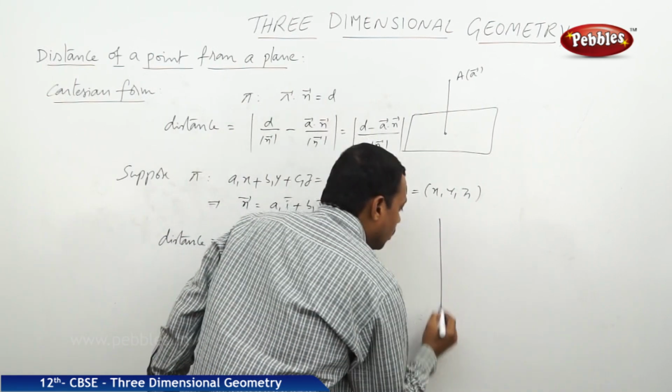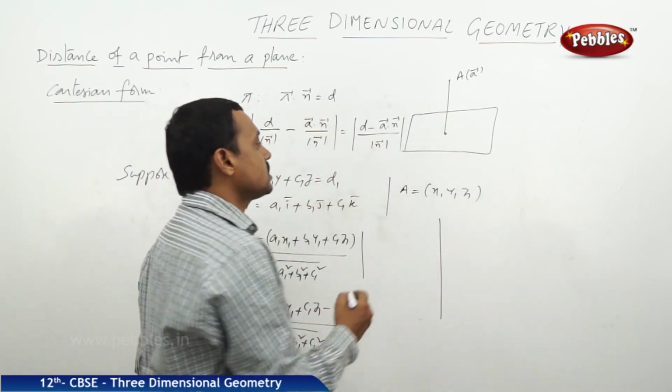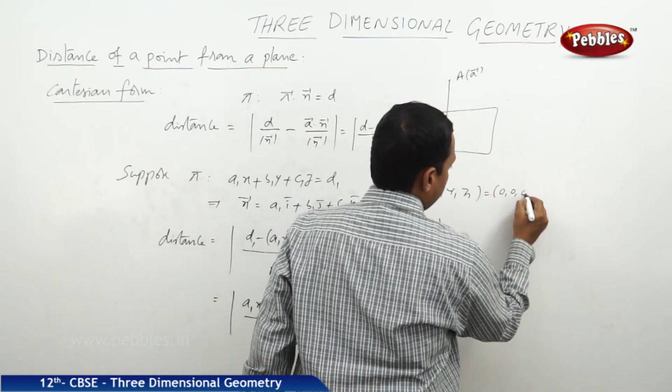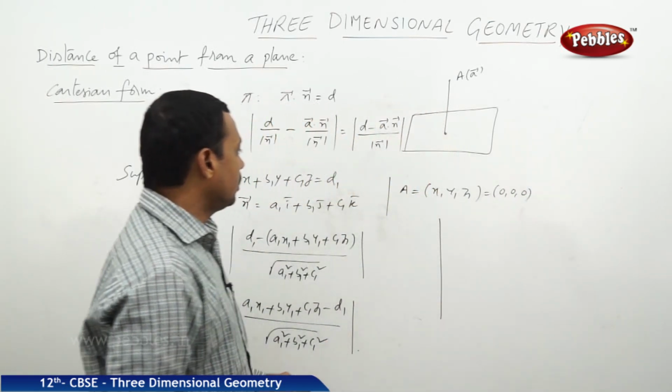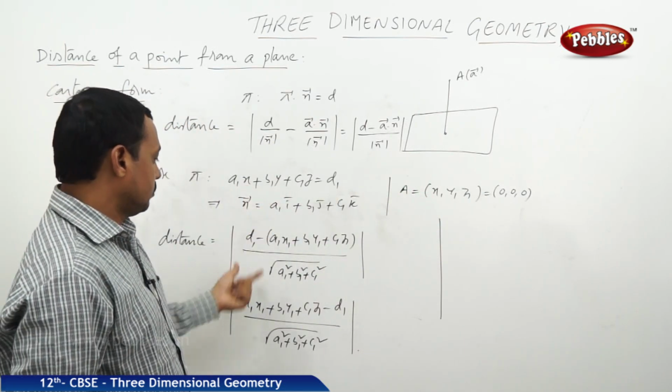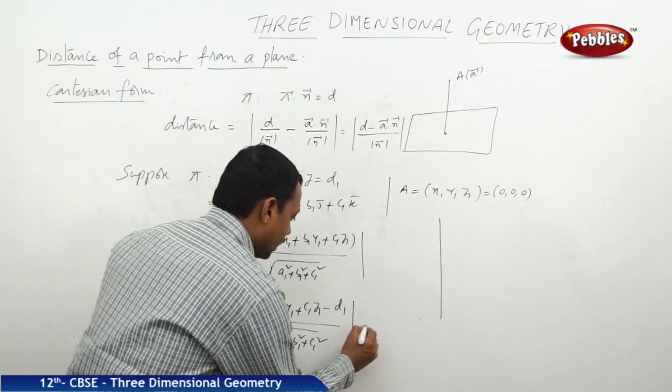Now, what is the distance from the origin? Suppose this point A is 0, 0, 0, the origin. Then what? We have to substitute 0, 0, 0 in the plane. So, substitute here.